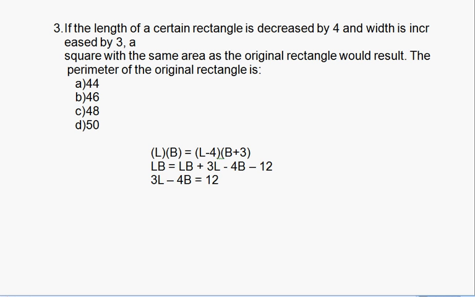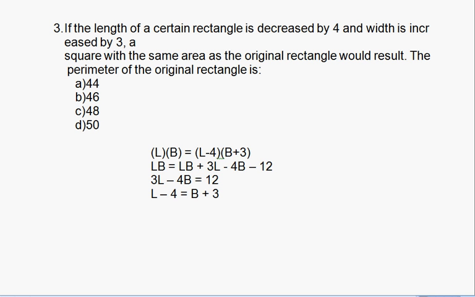So this is given. Now when we subtract 4 from length and add 3 to width, it becomes a square, which means what? Which means L minus 4 should be equal to what? Width plus 3, right?